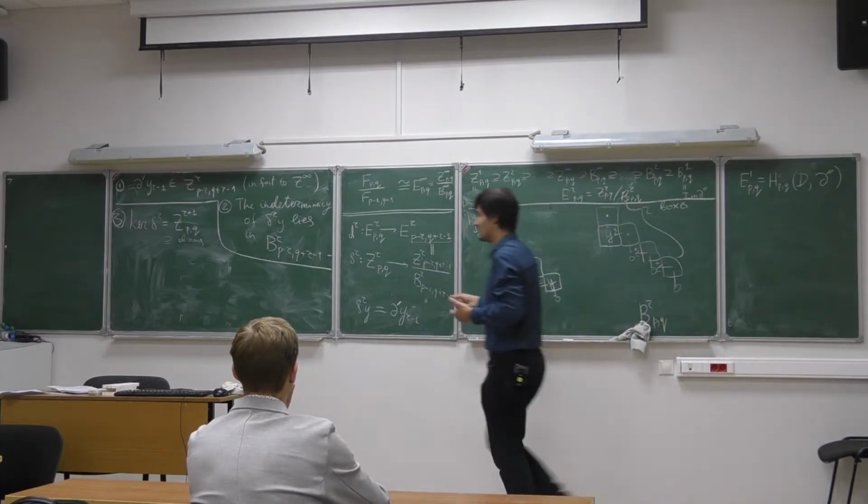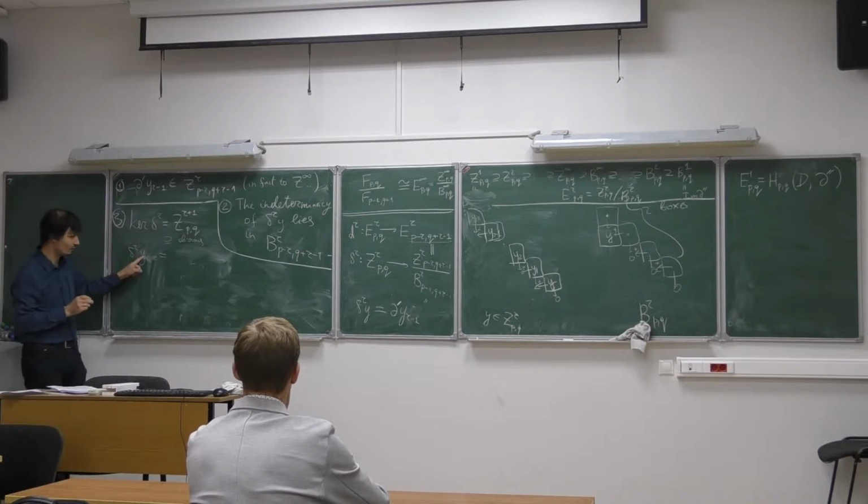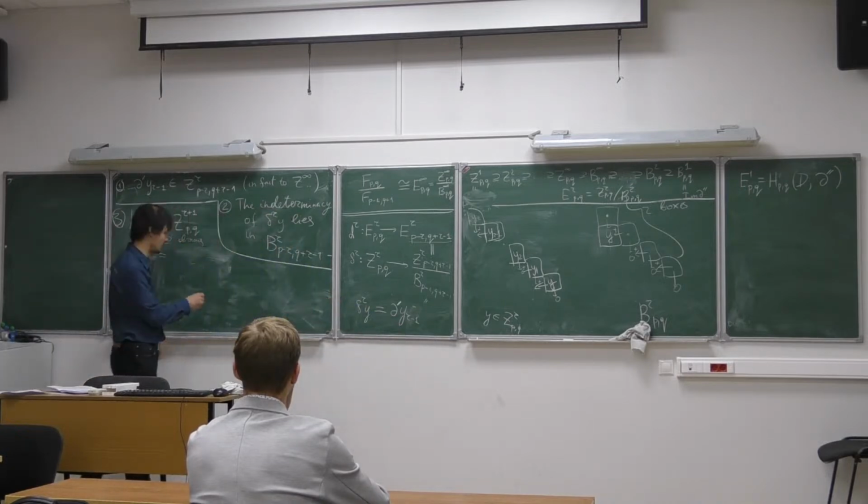But then we see that delta R of Y R minus 1 is represented by this element by definition.